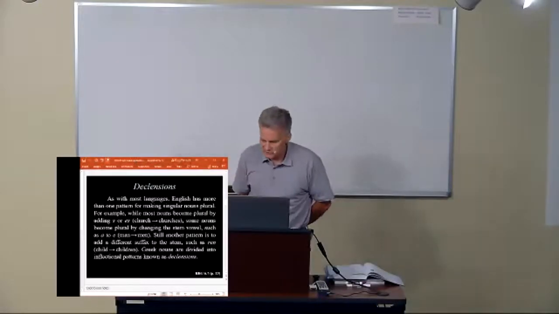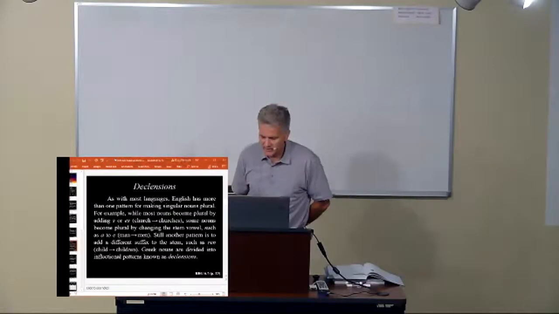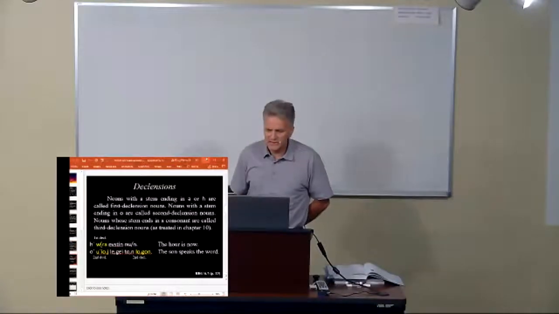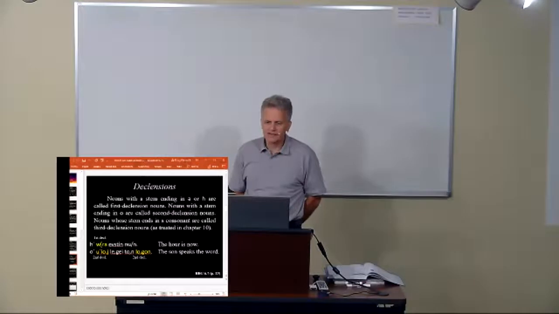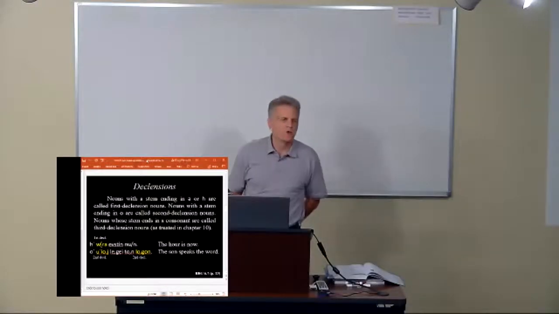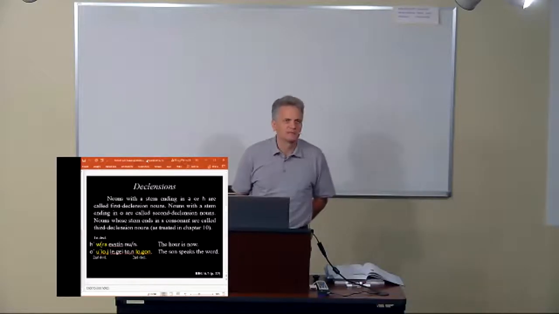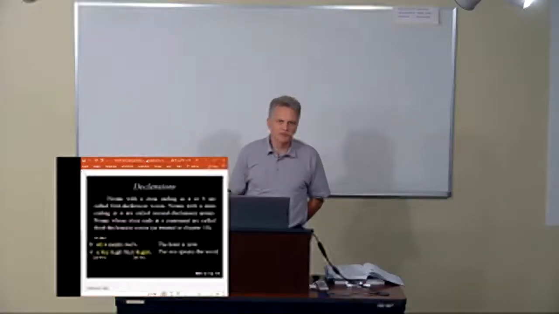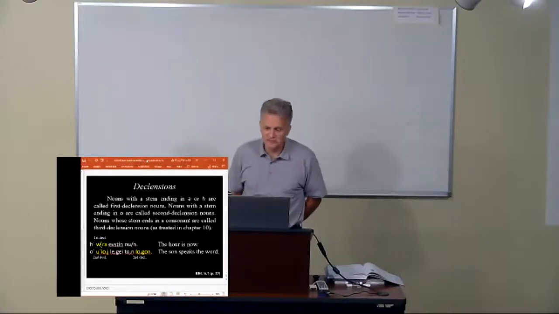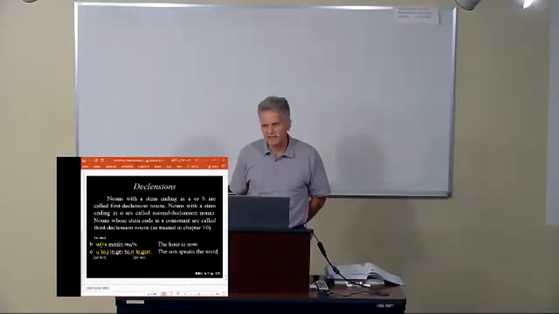Okay, let's look further at this notion of declensions in Greek. And this is 6.7, page 29, if you're following along in your book. Nouns with a stem ending in alpha or eta are called first declension nouns, more or less. So don't take this as a rule without exception, but more or less, every noun you see ending in alpha or eta in its nominative form will be a first declension noun.